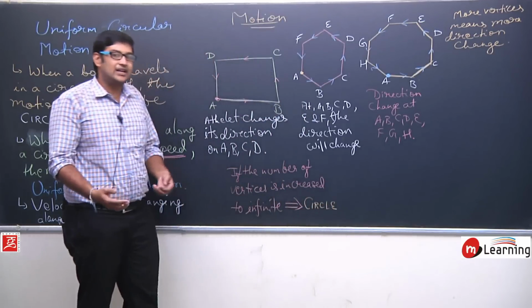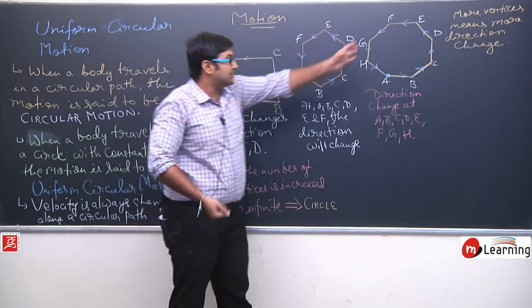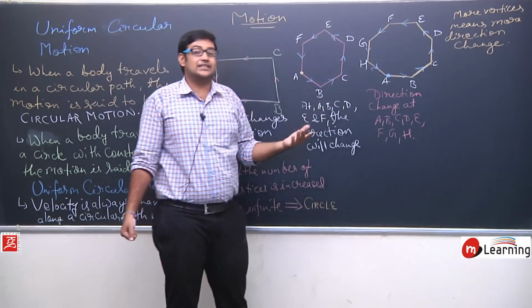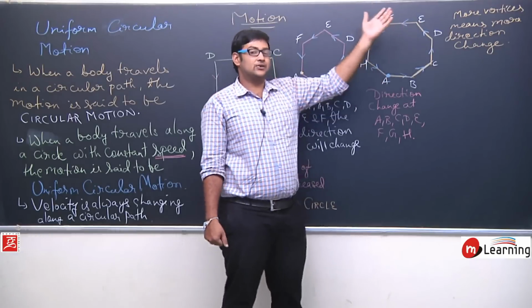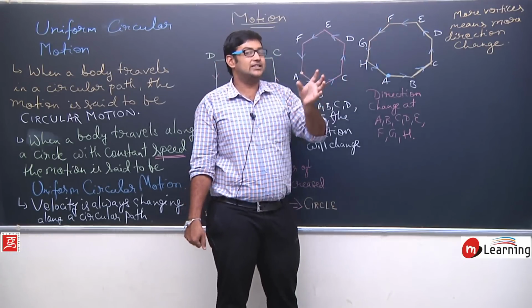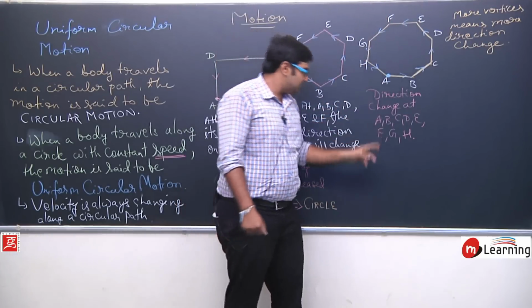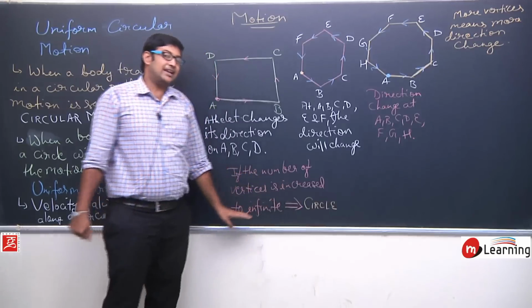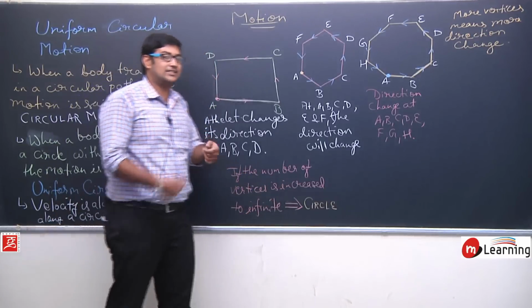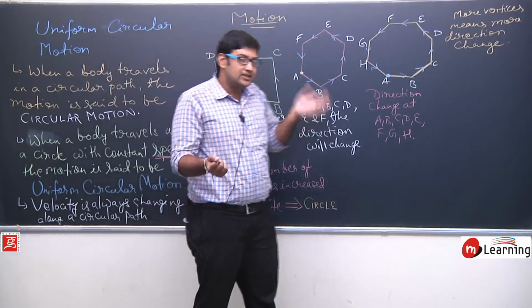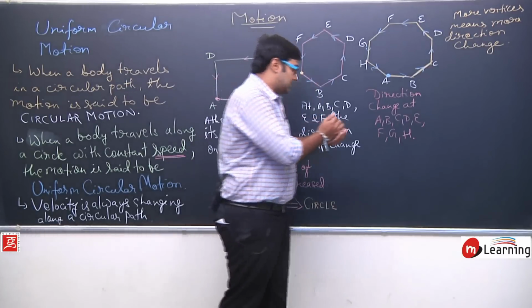So what is a circle? It's basically a plane figure with infinite vertices. As soon as I start increasing the number of vertices, the direction change will increase. That's why I will say that as soon as I reach infinity, a plane figure which has infinite vertices will be known as a circle.